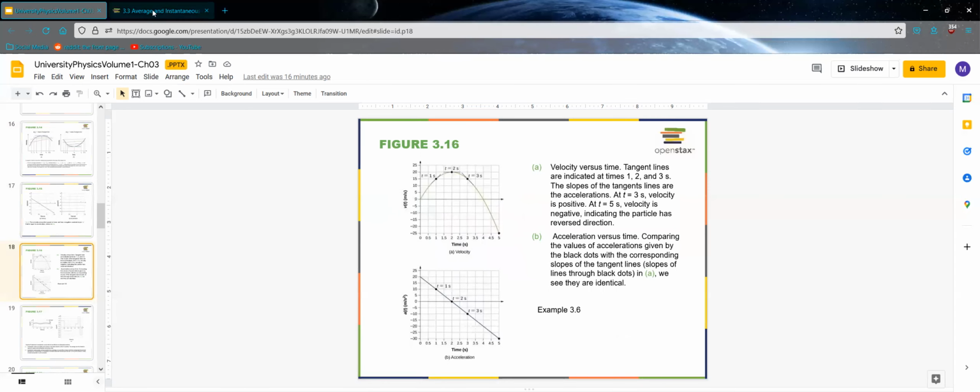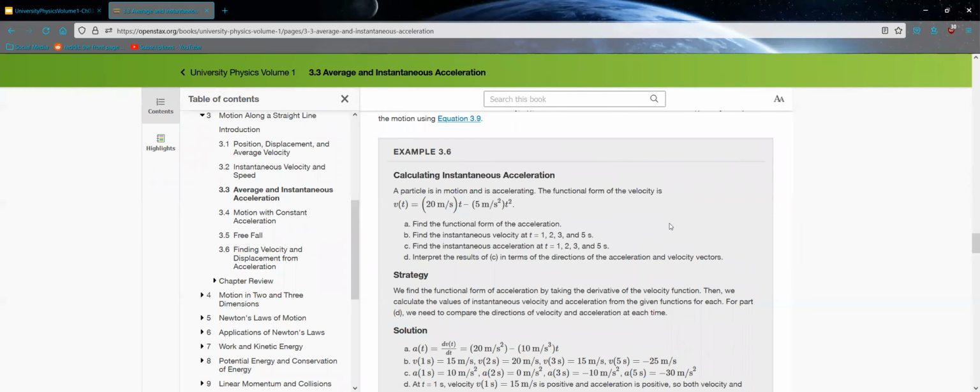So here we have some graphs relating to this question. A particle is in motion and is accelerating. The functional form of the velocity, the equation describing what's going on, is shown here. The velocity with respect to t is equal to 20 meters per second squared times t minus 20 meters per second times t minus 5 meters per second squared times t squared.